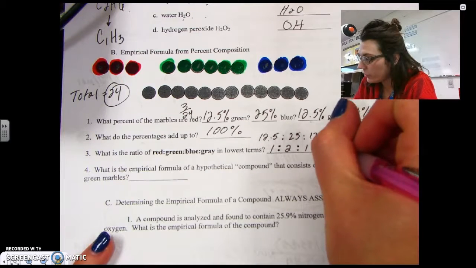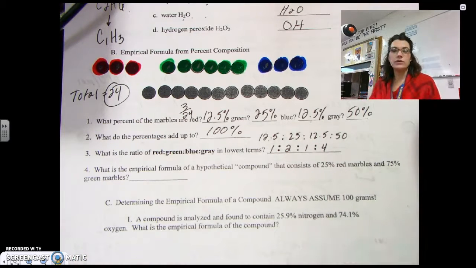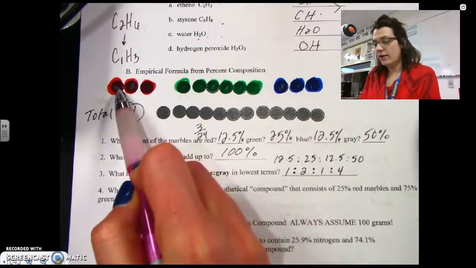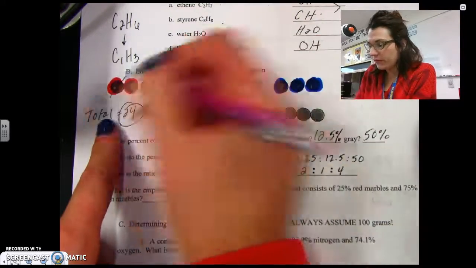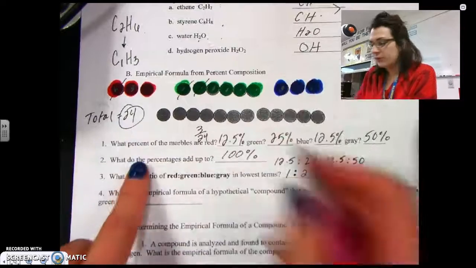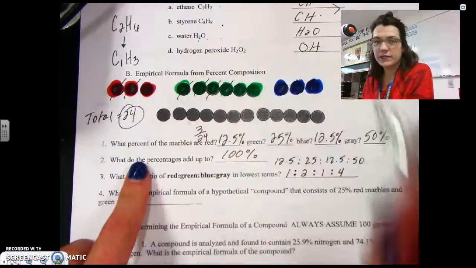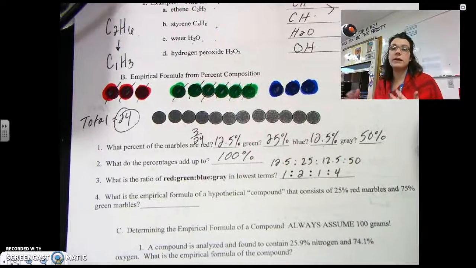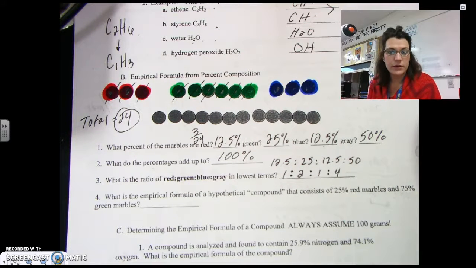I hope you said 4, and that is our smallest whole number ratio. What that means is, for every 1 red I have, I'll have 2 greens, okay? And this is basically the empirical formula that we're going to do when we do these problems, okay?